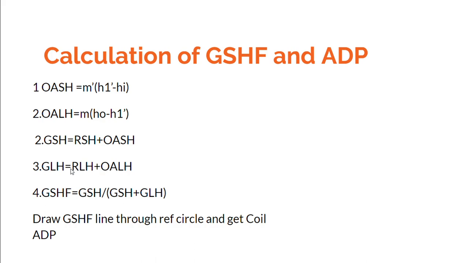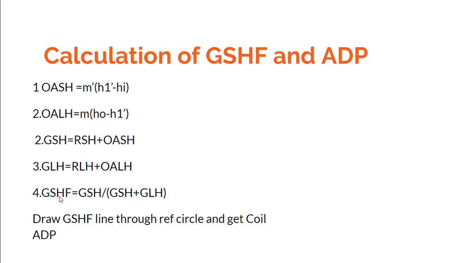These two would give you what is known as grand latent heat. Remember this: GSH is grand sensible heat, GLH is grand latent heat, and GTH is the grand total heat. This ratio, the proportion of sensible and the total heat, is captured by grand sensible heat factor.